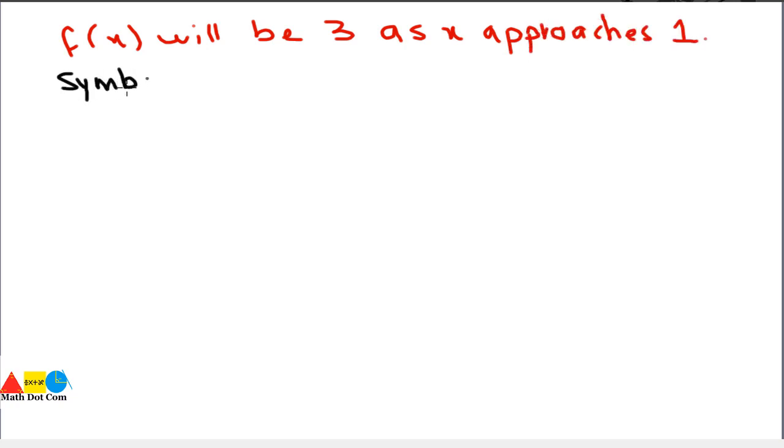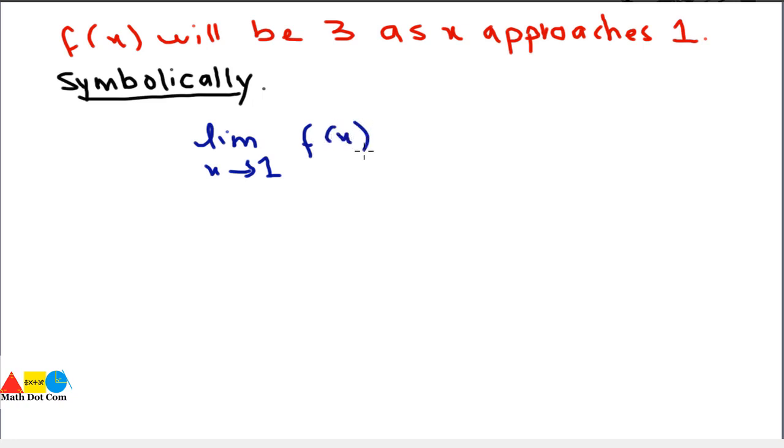Symbolically, how you can represent the limits: we can say limit, lim, this is the word that you have to use, x approaches 1, then you have the function f(x). This is the representation of the limits, and then you can replace the function value: limit x approaches 1, the function was x cube minus 1 divided by x minus 1, and it is equal to 3.